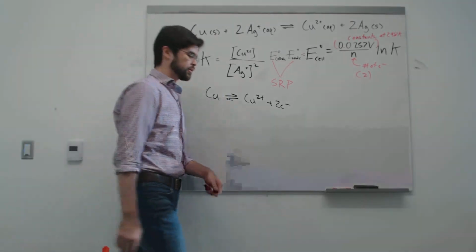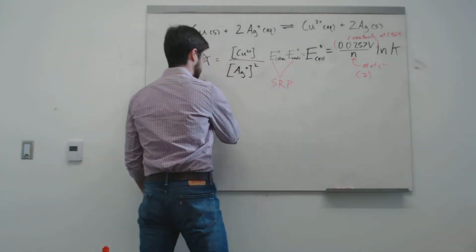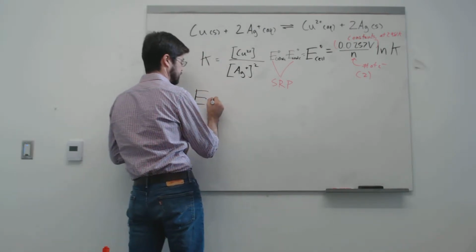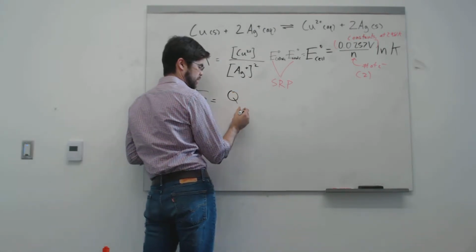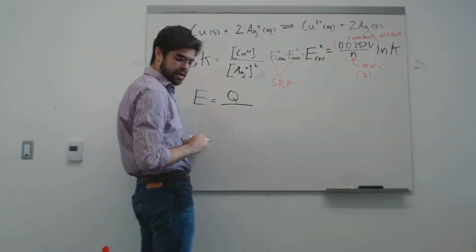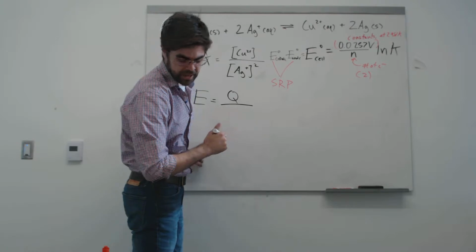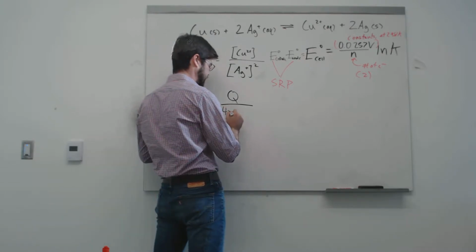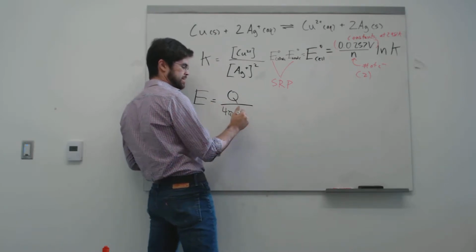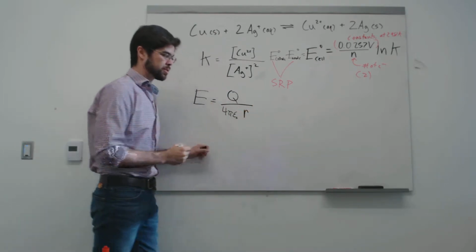Formally, if you want to go into the physics of this, electrostatic potential is defined as equal to the magnitude of some charge that is exerting an electrostatic potential divided by 4 pi epsilon naught, the permittivity of the universe, just a bunch of constants, over the distance between them.